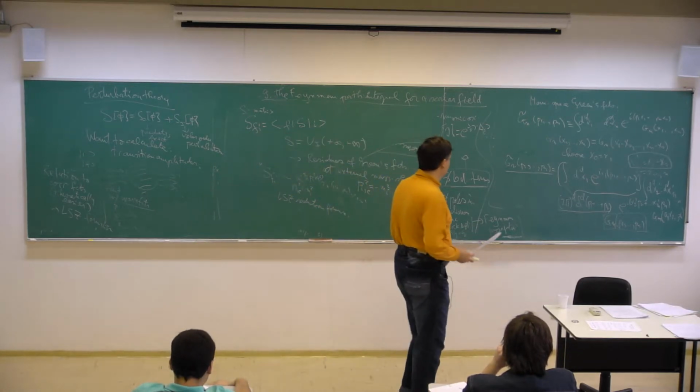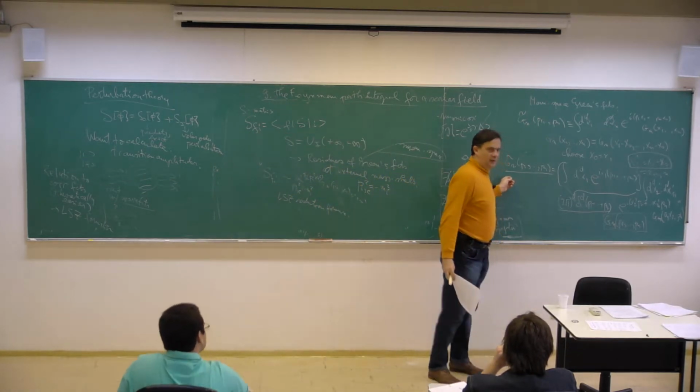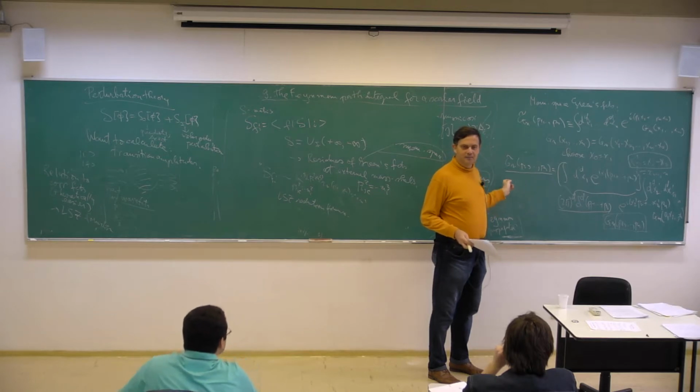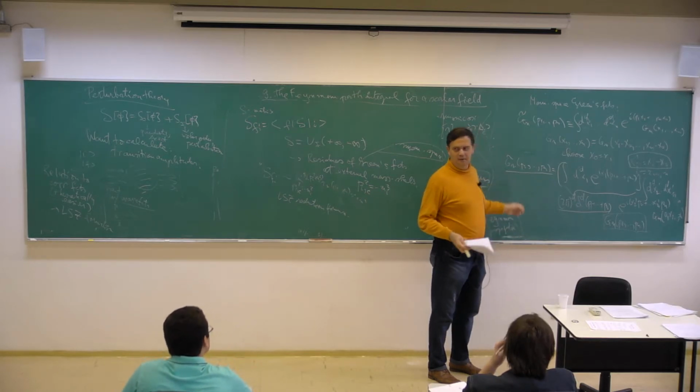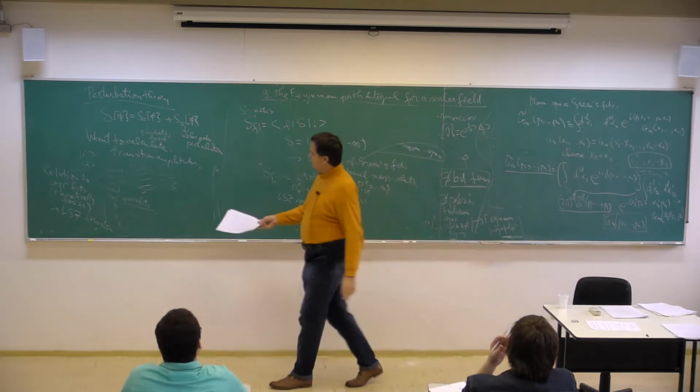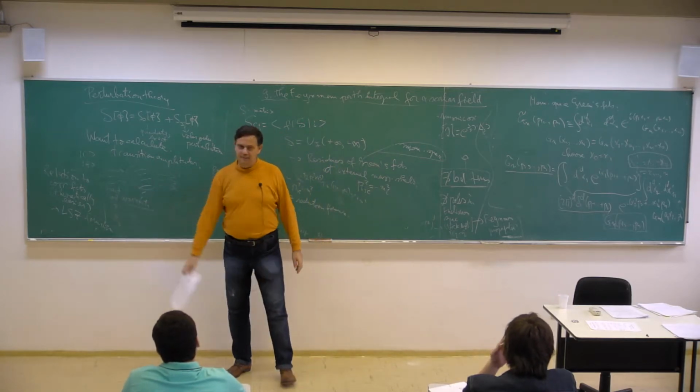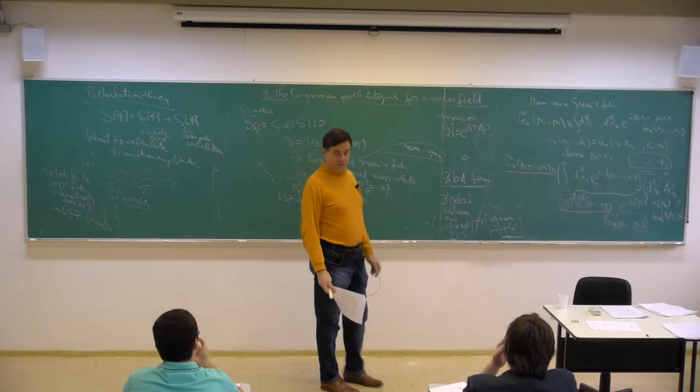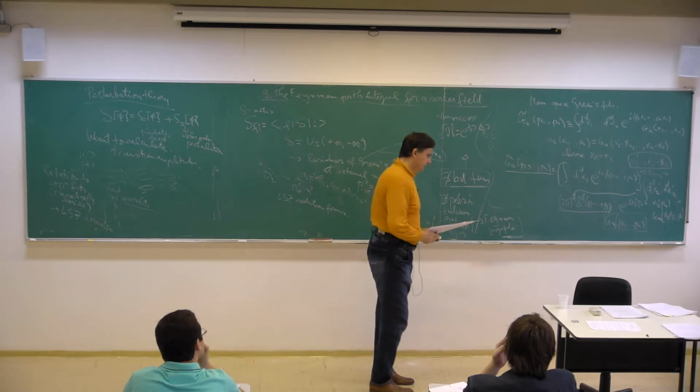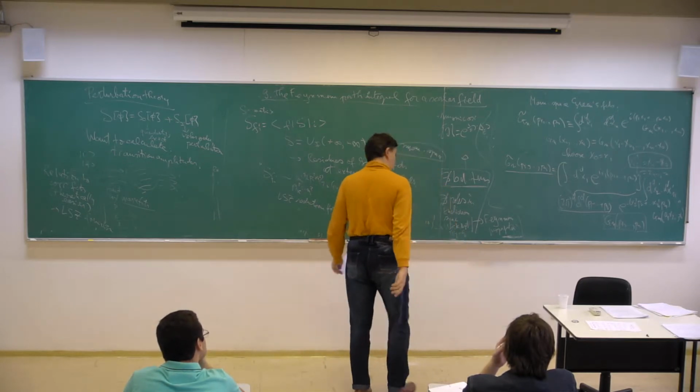Okay, so all these things correspond to scattering in vacuum, so they come from the vacuum functional. These things correspond to scattering where there are some external particles of given momentum.